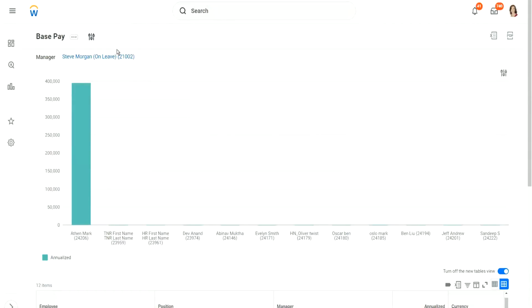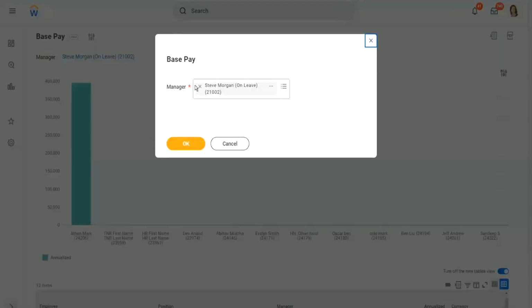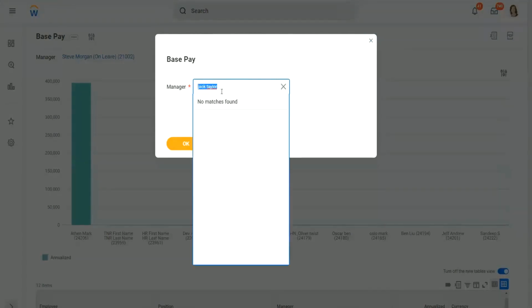So now, if I want to change the search criteria and do it for somebody else, let's say I want to search for Jack Taylor. Let's see if I can find Jack. No, I cannot. Anthony Rizzo. No, so let's look for Logan.